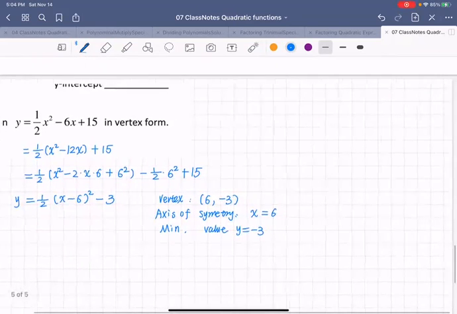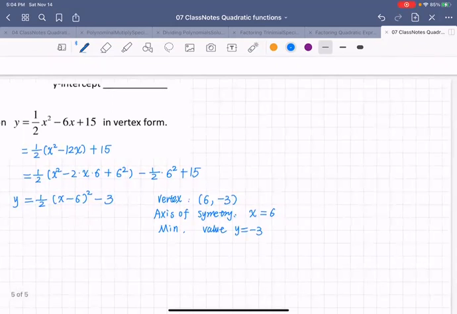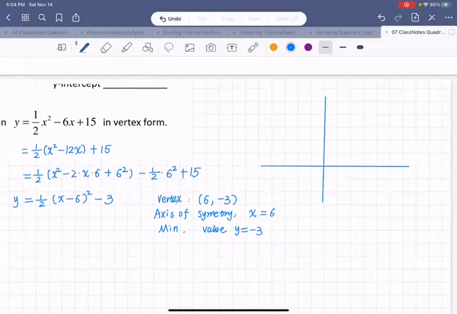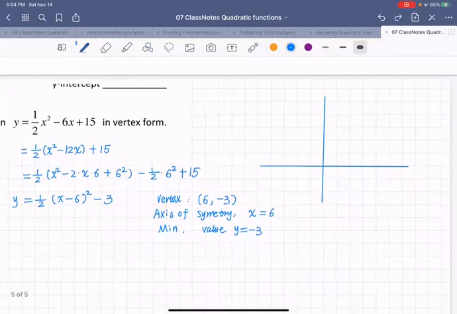Now let's draw this one. How do we draw this one? We want to draw like that. When x equals 6, y should equal negative 3.